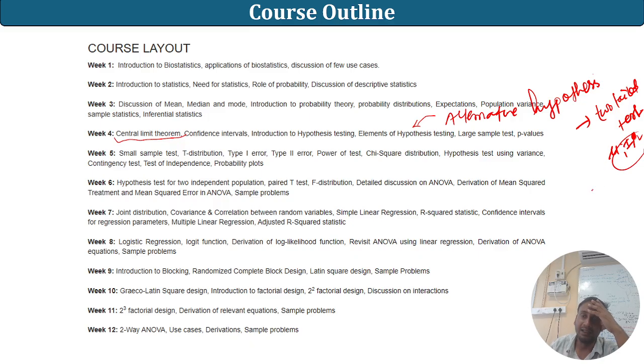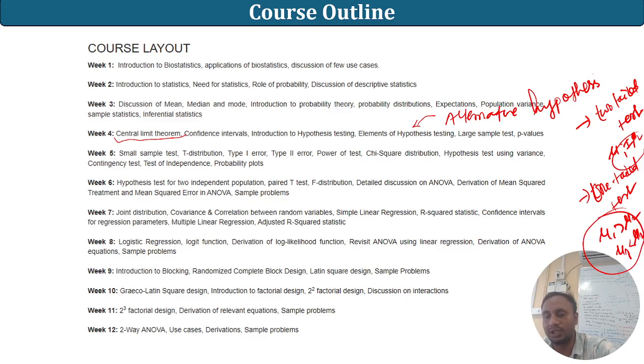Then second, we have a one-tailed test: either mu1 is greater than mu2 or mu1 is less than mu2. So in that we have to deal with two cases.